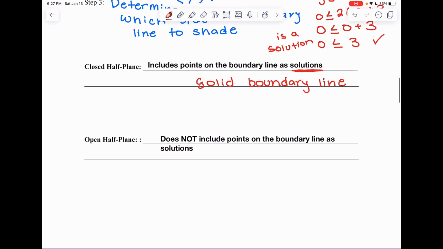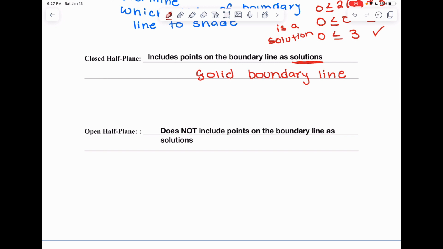But an open half plane does not include points on the boundary line as solutions, and that's when I have a dashed boundary line. If I have a dashed boundary line, the points on the boundary line are not solutions to the inequality.